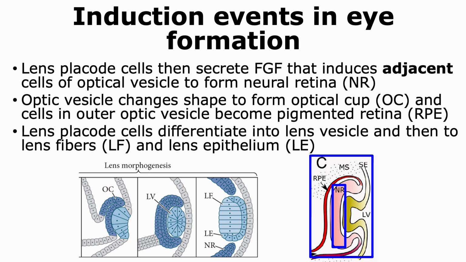Now the part of the optical cup that is right next to the lens placode is the one that is going to form the neural retina. The portion of the optical vesicle on the outer end, in touch with the mesenchyme shown as MS, will form the pigmented retina.